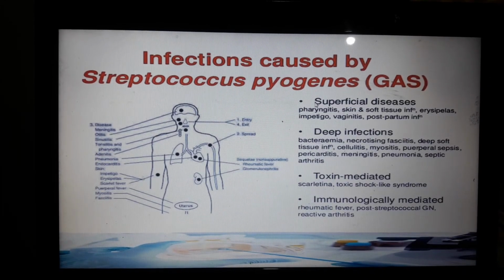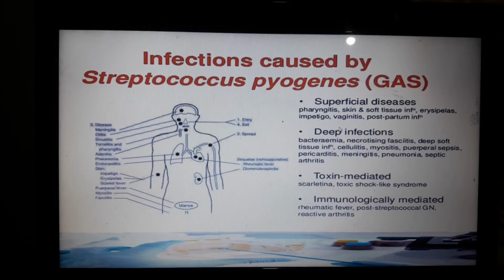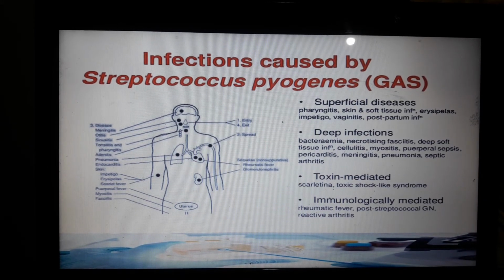Infections caused by pyogenes include pharyngitis, soft tissue infections, erysipelas, and impetigo. Impetigo presents as red sores or rashes on the skin.